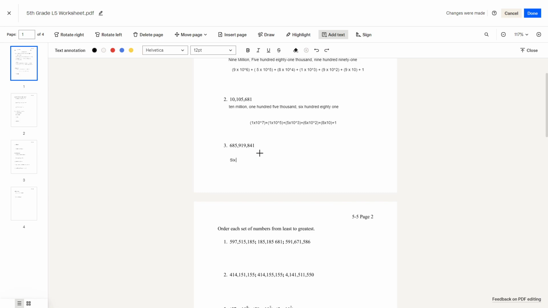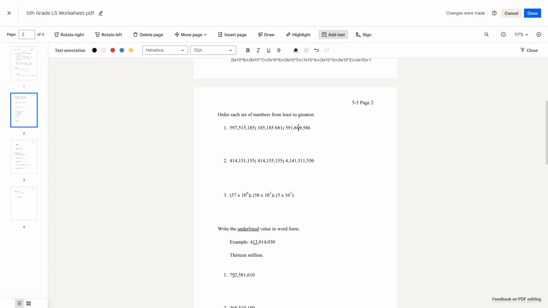I'll type it out. 685,919,841. And for expanded form, we already know that the exponent for 1 million is 10 to the 6th. So that means if you go up 2 places, the highest number here will be 10 to the 8th. And this should be your expanded form answer.